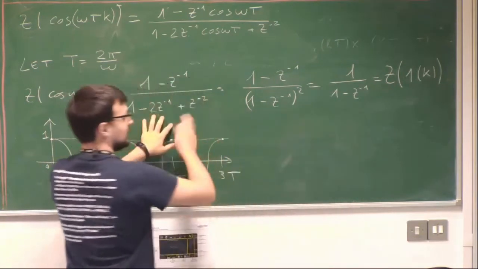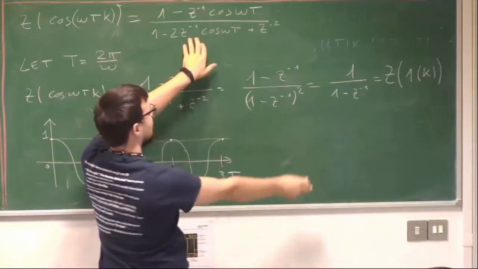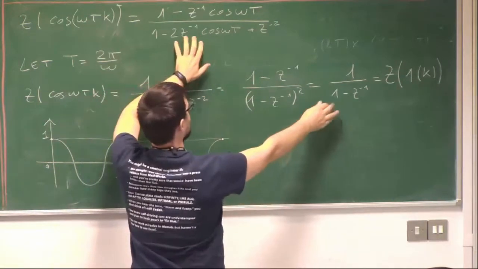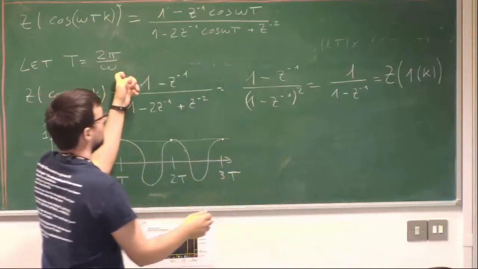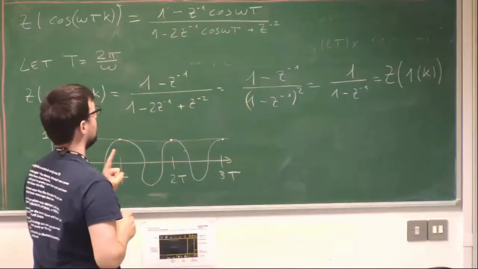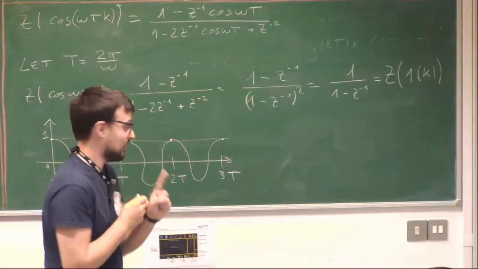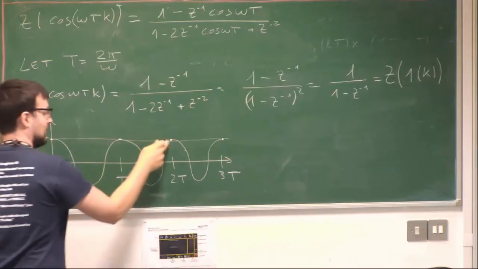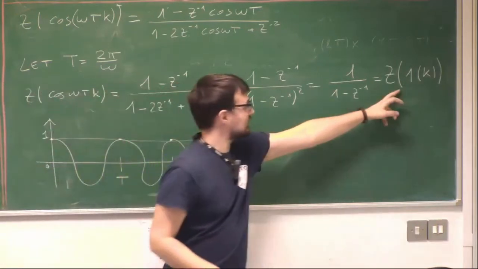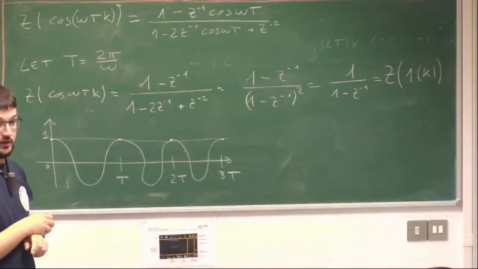Okay, so you can write it as you wish. You can write it like this, or you can write it like this. These two expressions when T is equal to pi over omega are the same. Okay, so there is only one Z-transform. And to this Z-transform there is associated only one sequence. The sequence is this one, that can be represented with this, or it can be represented with this term when T is equal to pi over omega.